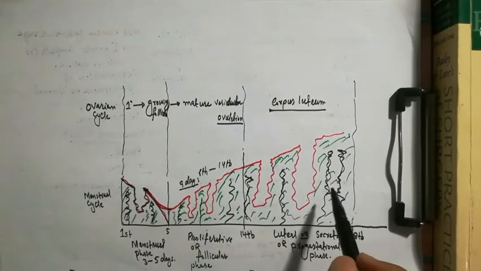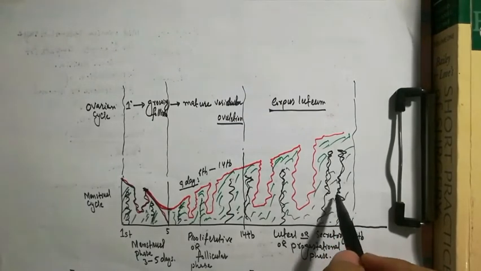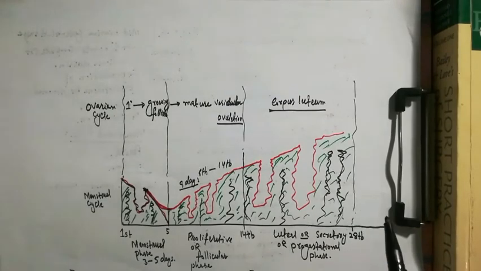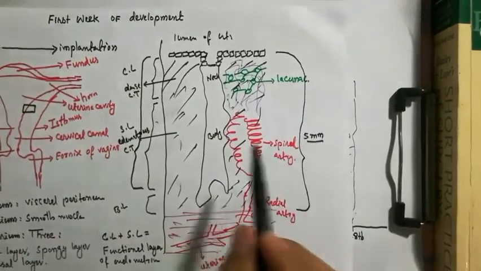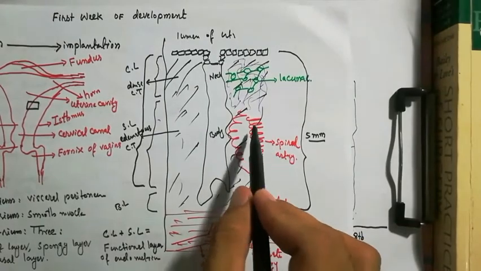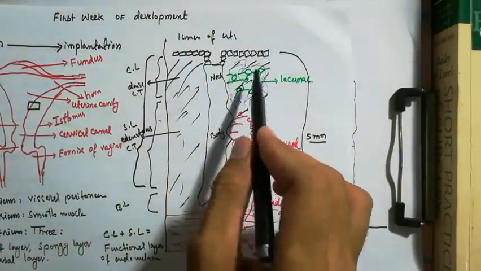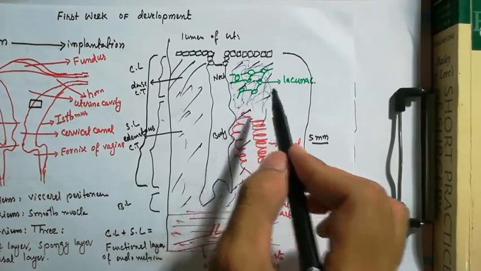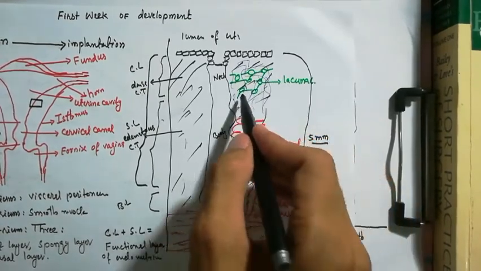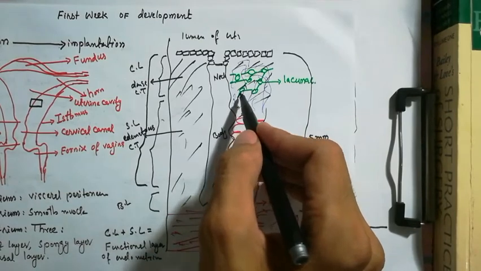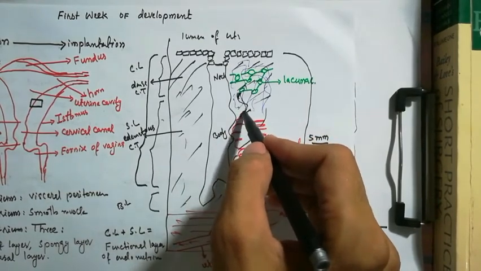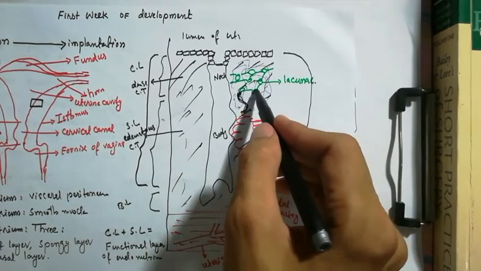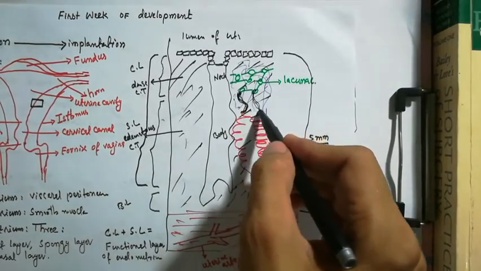Recall the second figure. Spiral arteries, these are the dilated veins. Lacunae are also formed during luteal phase, and arteriovenous fistulae occur during this phase.